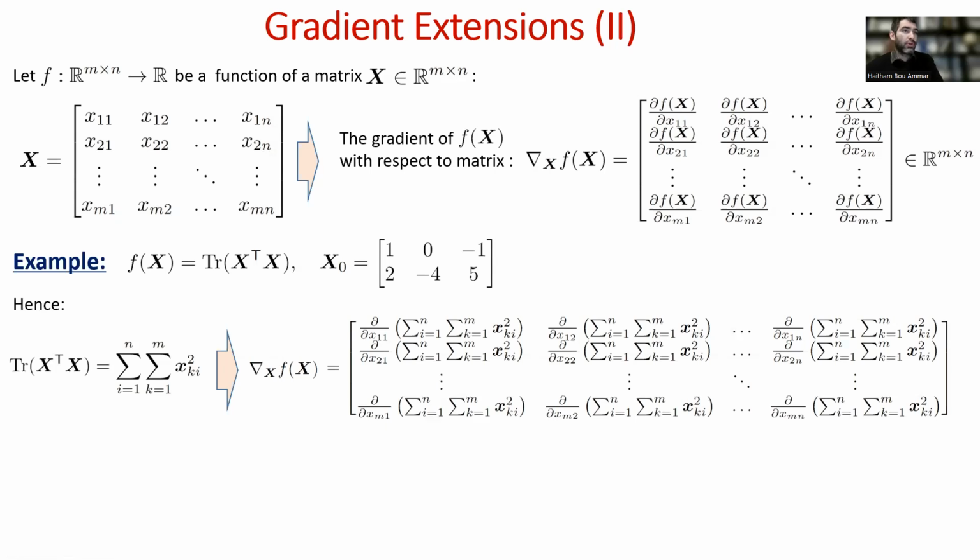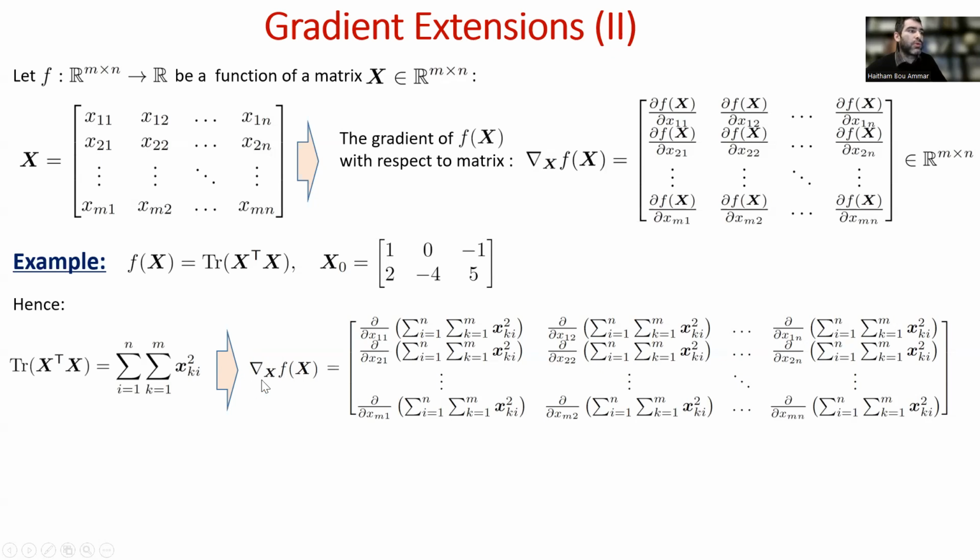And for those who remember our lecture on the Frobenius norm, that is basically nothing but the square of the Frobenius norm of matrix X, which is the trace of X transpose X, and we just get this expression again.